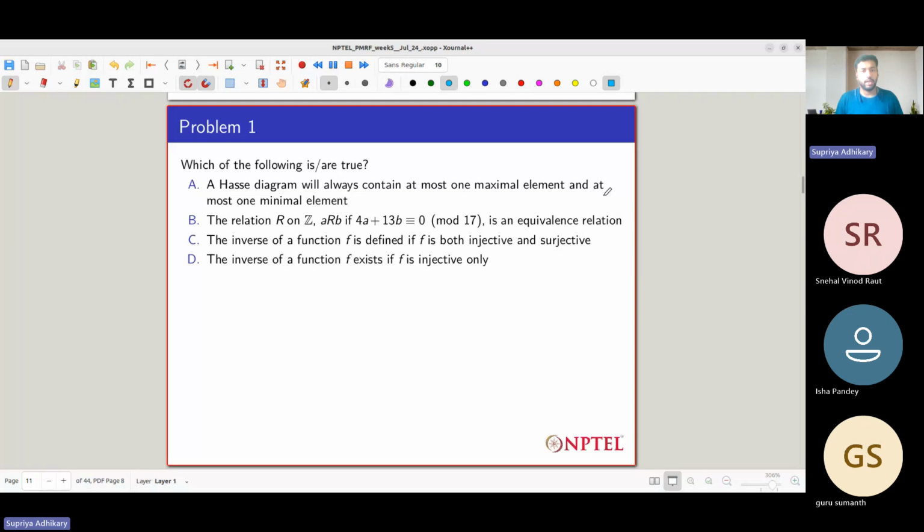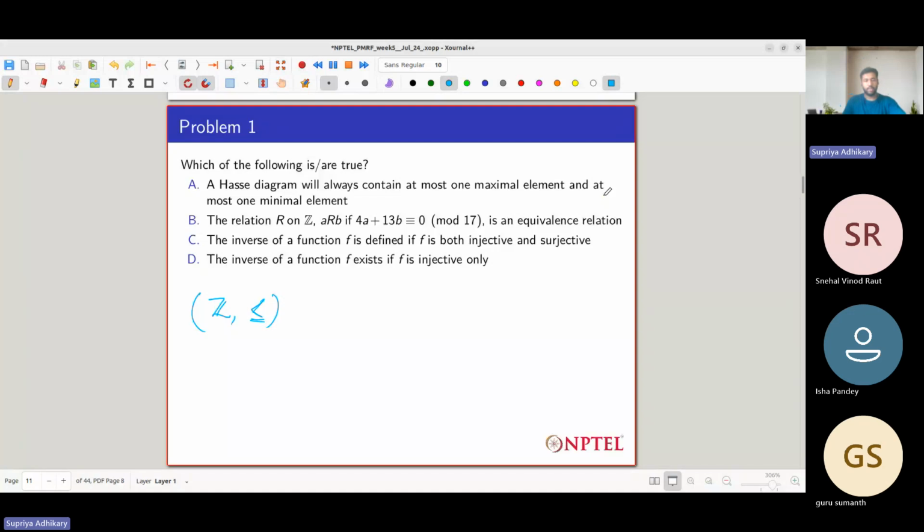The first one says that the Hasse diagram will always contain at most one maximal element and at most one minimal element. So we know that if we consider this partially ordered set, Z with the relation less than or equal to, where Z is the set of all integers, this means the natural ordering among the integers.